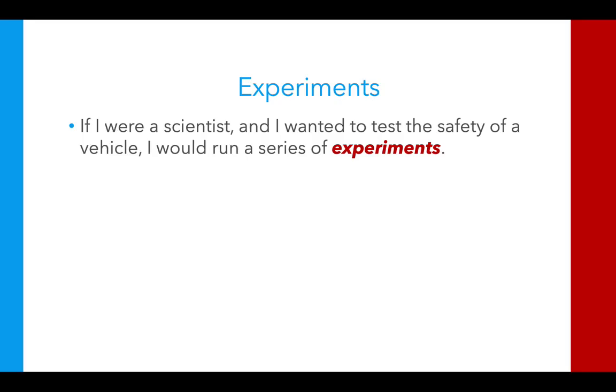All right. So to start, I want to talk a little bit about experiments in general. So say I'm a scientist and I want to test the safety of a vehicle. In that case, I would run a series of experiments.